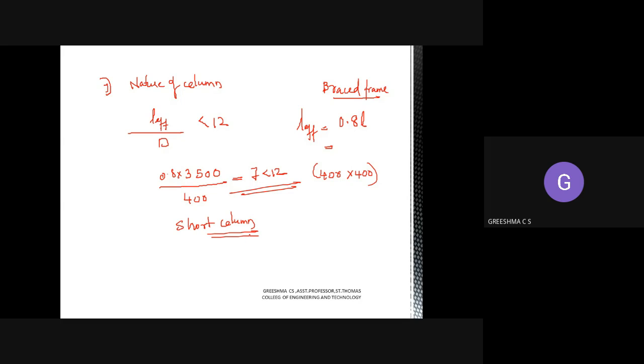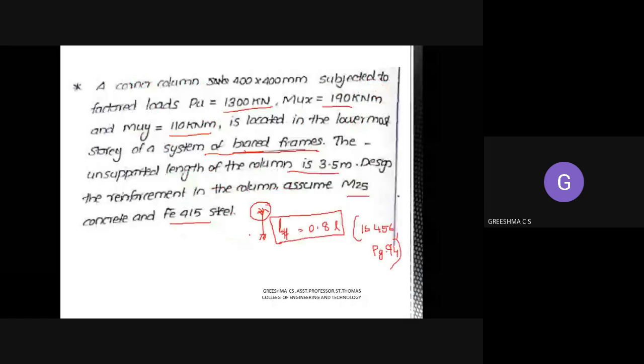Okay. Have you got this? We are going to design a short column. So this column is a short column. Now, second one is that, see this. We have to make sure that this column is subjected to biaxial bending. Not many details are given, just the building details.